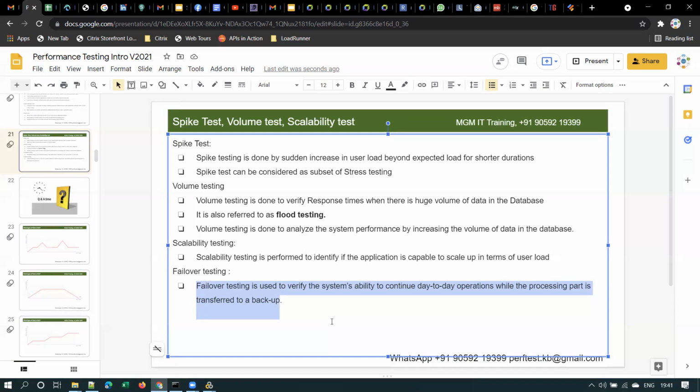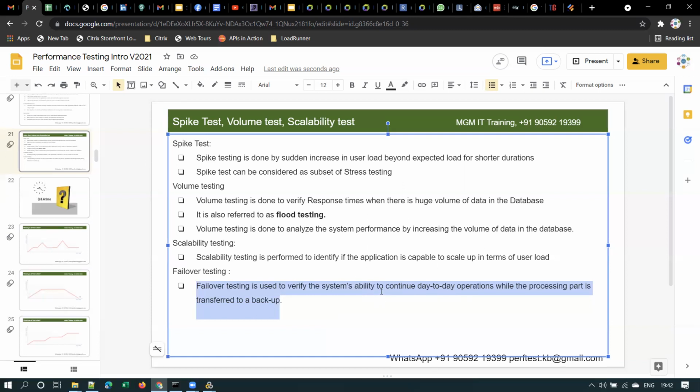Yes, it's a correct question. Say, for example, Amazon has a data center in Mumbai. If that Mumbai data center goes down, all the load will be immediately transferred to some other backup environment. For example, Amazon has set up another data center recently in Hyderabad.